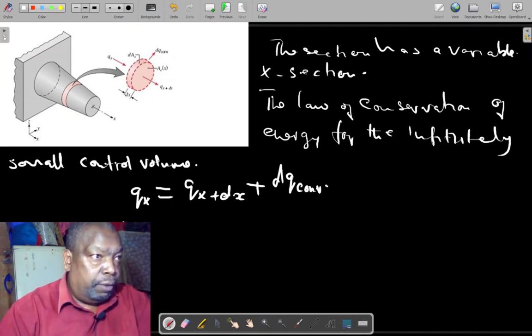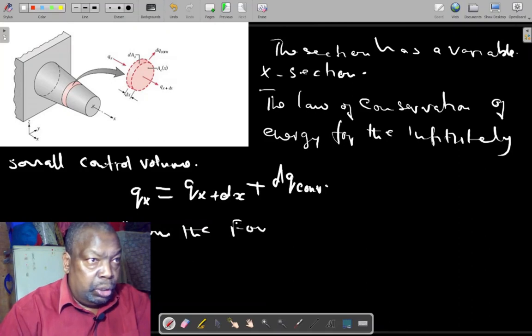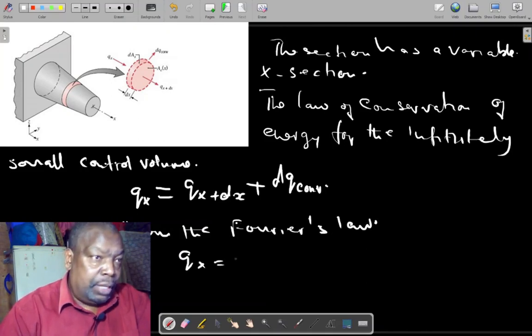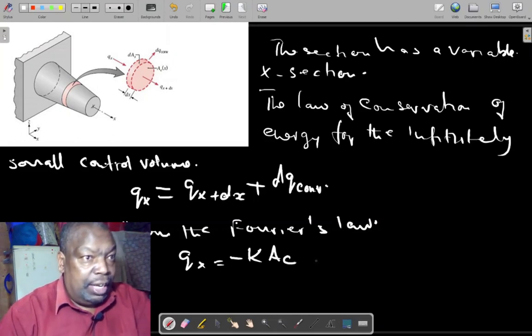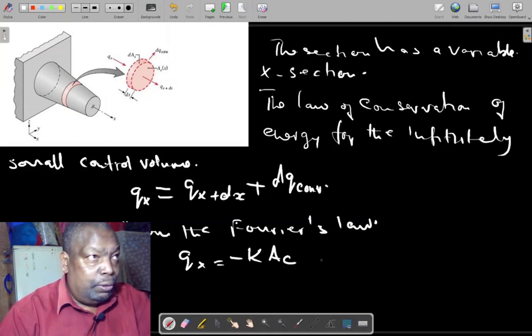Now, from Fourier's law, Qx is equal to minus k, which is the conductivity, times Ac, that is the area perpendicular to the direction of heat flow, times dT by dx.